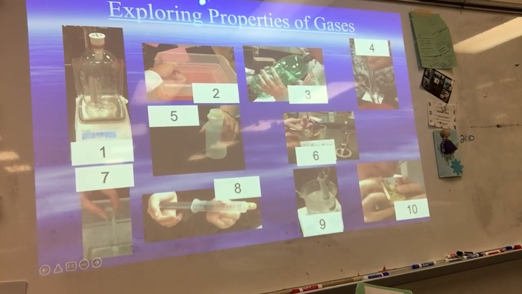Have you ever had a hard time putting something into a container because there was already air inside? Like number 3. The janitors do this every day. If you've ever seen the custodial staff put a new trash bag into a trash can, sometimes they have to fight with it. So they oftentimes poke little holes in the bags.